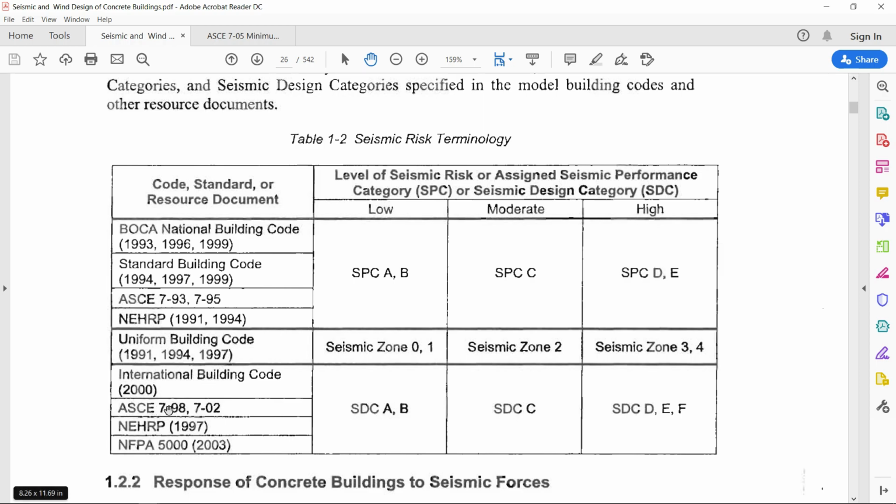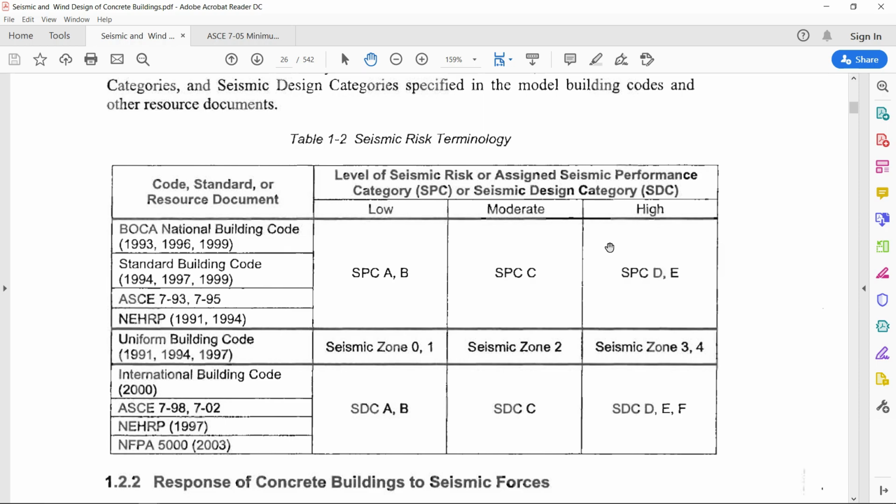Since we are following ASCE 7-02 or 05, seismic category A and B are in the low seismic area. Seismic category C is in moderate seismic area. Seismic category D, E and F are in high seismic areas.